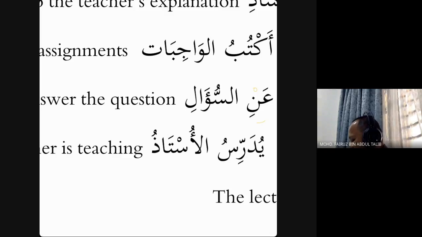So we combine, we say yudarrisu al-ustaz al-lughatal Arabiyyah. You can read word by word, no problem. If you do not know how to join them, read word by word. Yudarris al-ustaz al-lugha al-Arabiyyah.